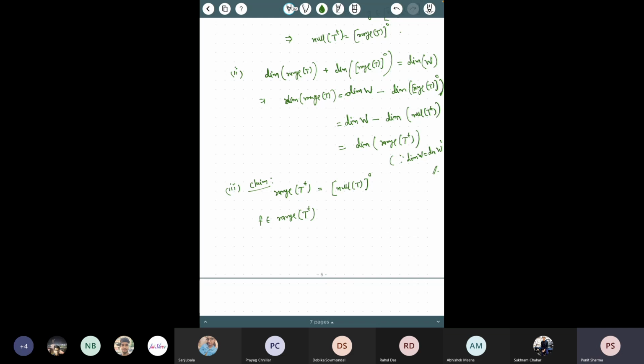So what can we say from here? We have to show that f belongs to null of T annihilator. So what can we say from here? Just use the fact that f belongs to range of T transpose.